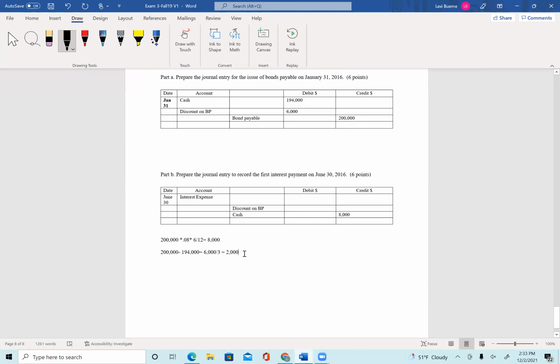Since it's paid semi-annually, we're going to multiply it by 6/12. That is going to give us 1,000. So that is our discount, so we can put that in here. To find our interest expense, we take the $1,000 discount plus our cash equals interest expense.